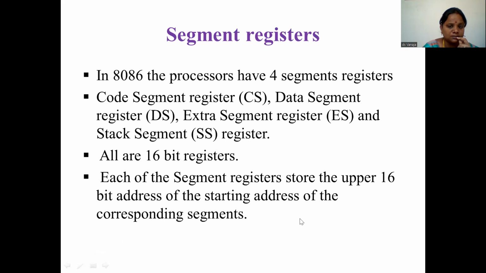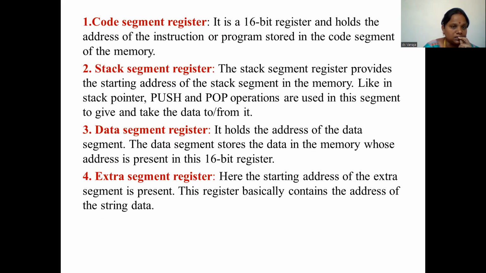These are all 16-bit registers, as we already saw in the previous clip. Each of these segment registers stores the upper 16 bits of the starting address of the corresponding segment. And we will see each individual segment register's functionality.